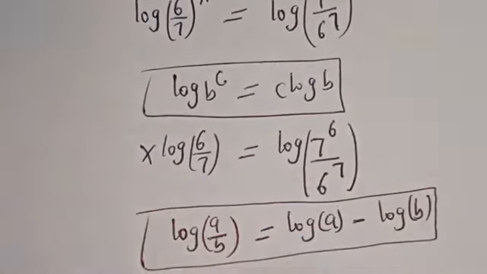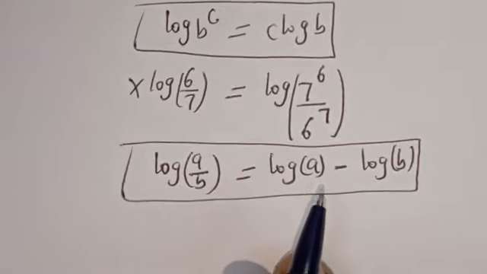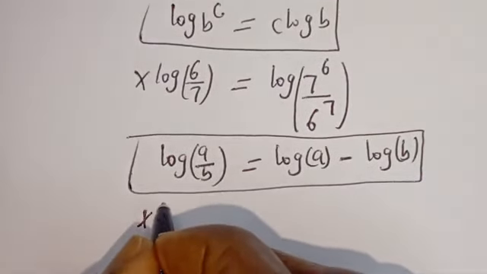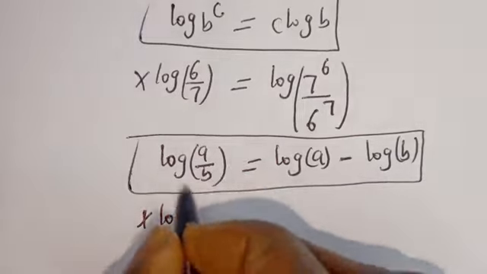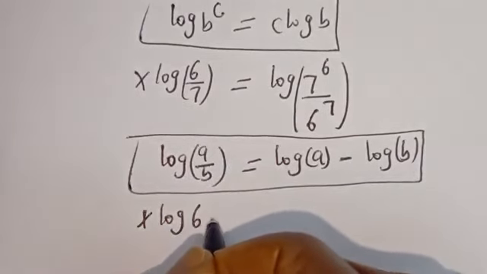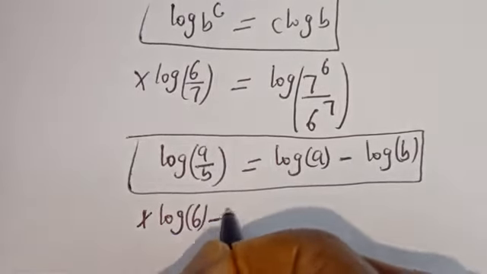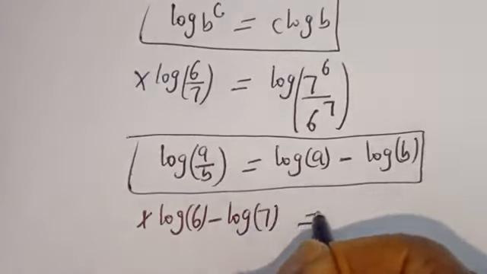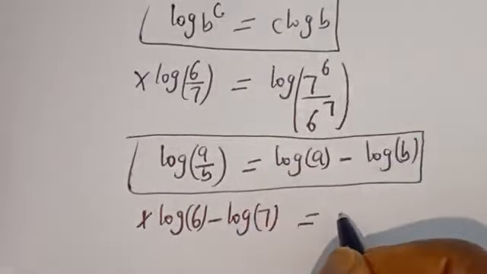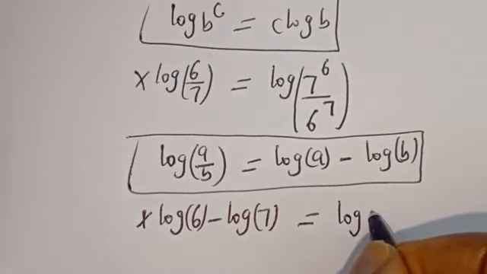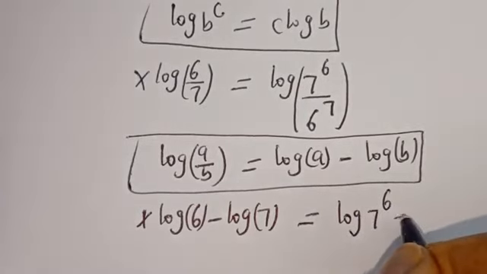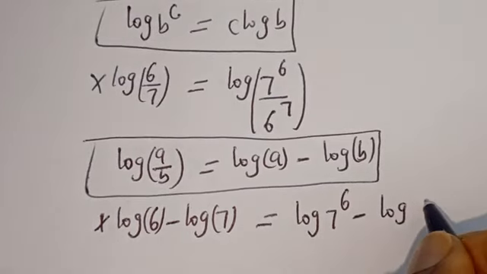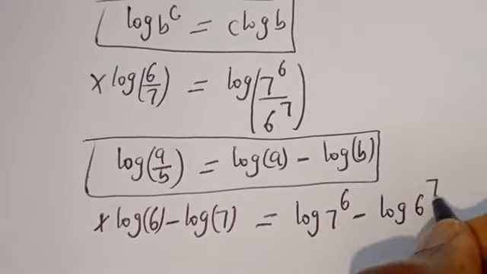Then this can be written as x times log 6 minus log 7 is equal to, this is log 7 to the power of 6 minus log 6 to the power of 7.